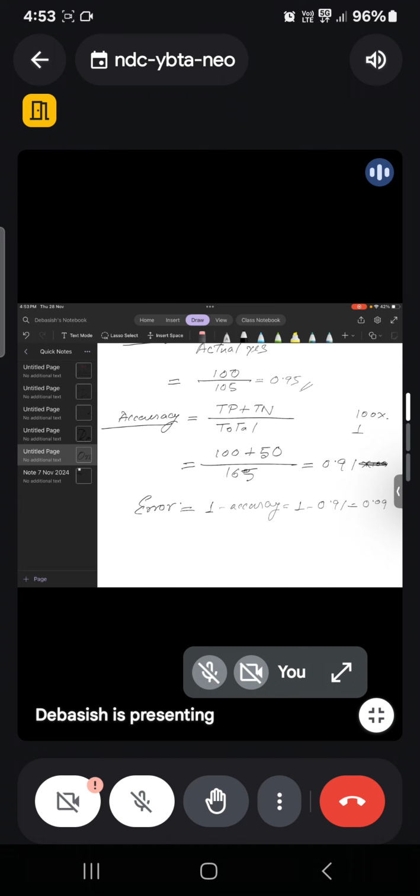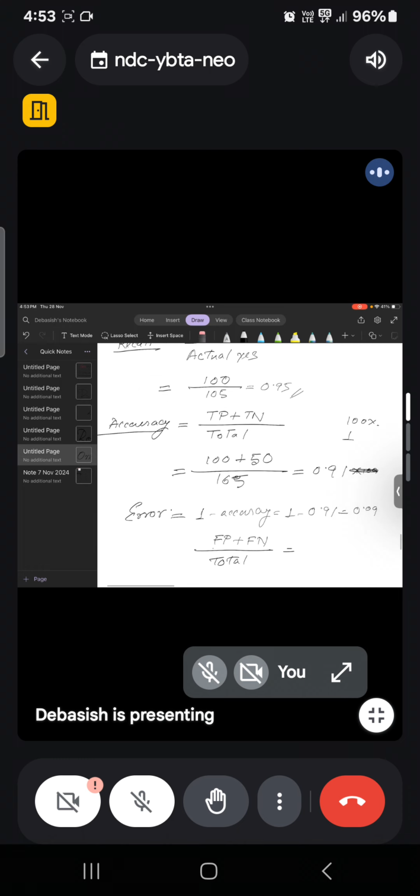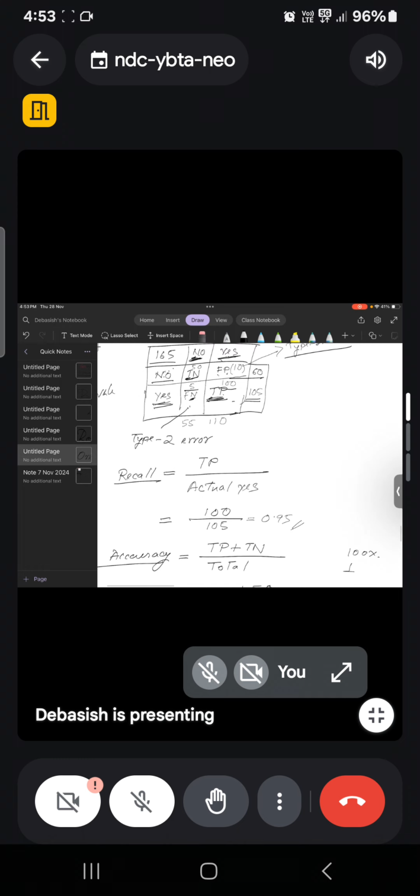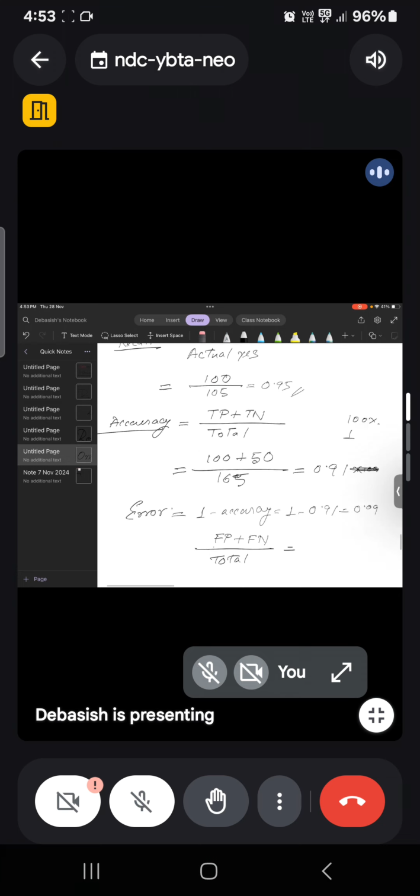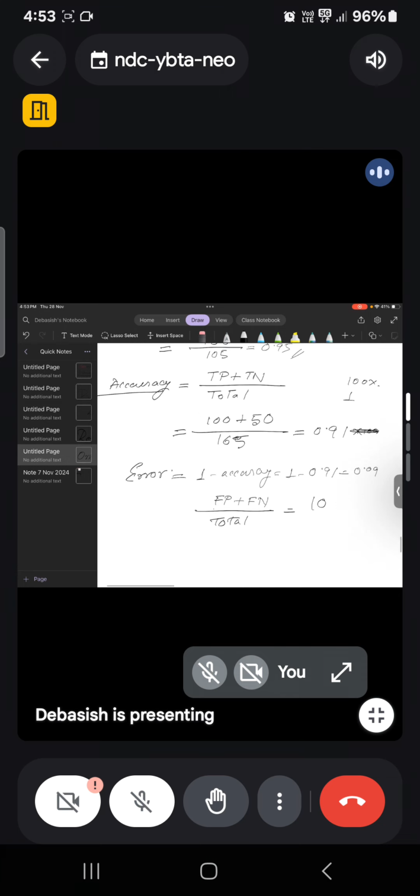Or you can do it this way also: FP plus FN. Here we are considering TP plus TN for accuracy; for error we just consider false positive and false negative, divided by the total. FP is 10 plus 5, that is 15, divided by 165. 15 divided by 165 will be 0.09.